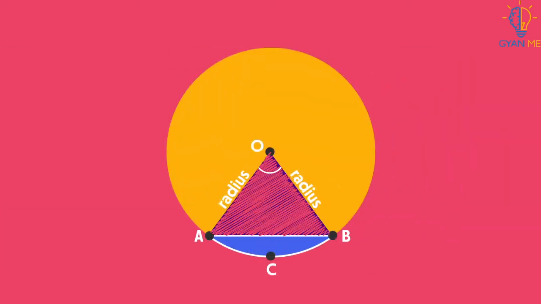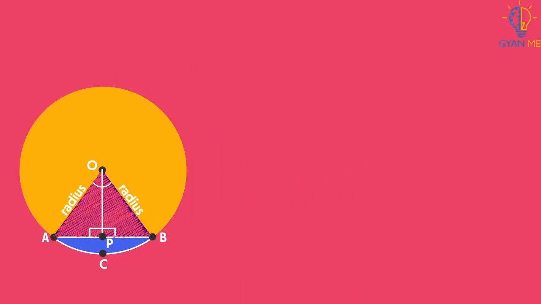Now, students, the area of triangle AOB can be calculated in two steps if it is not given to us. Draw the perpendicular from O, the center of the circle, to opposite side AB. Note that the perpendicular OP is the height of triangle AOB, which can be calculated using Pythagoras theorem as shown.